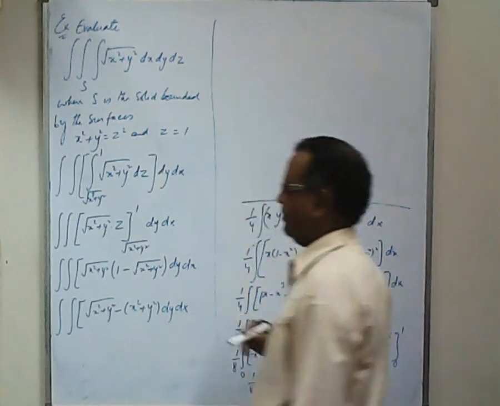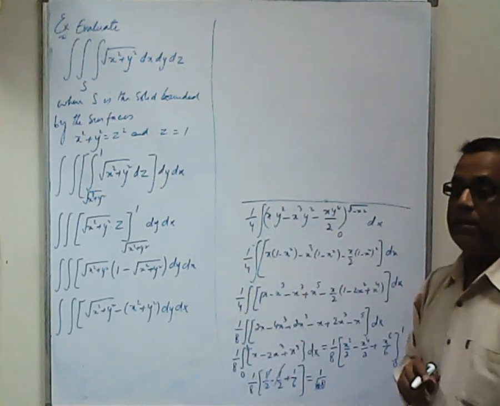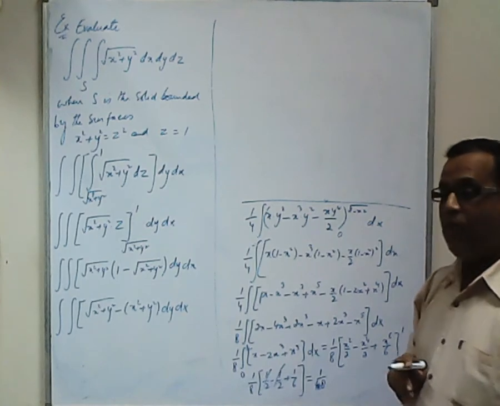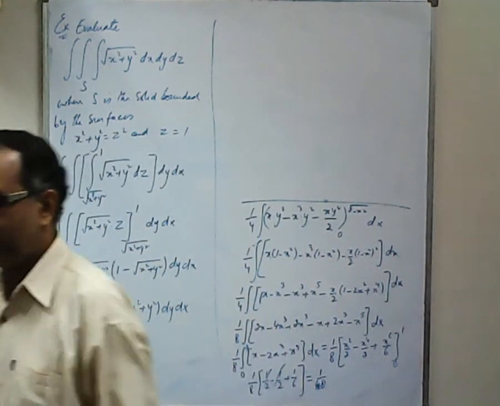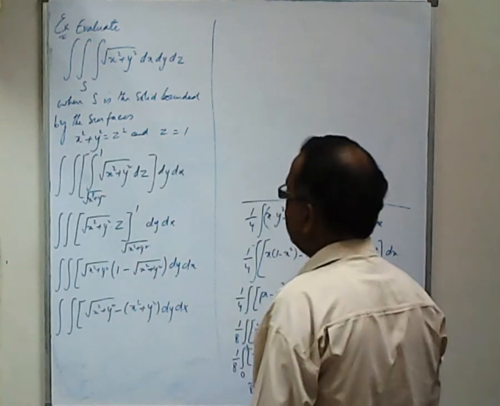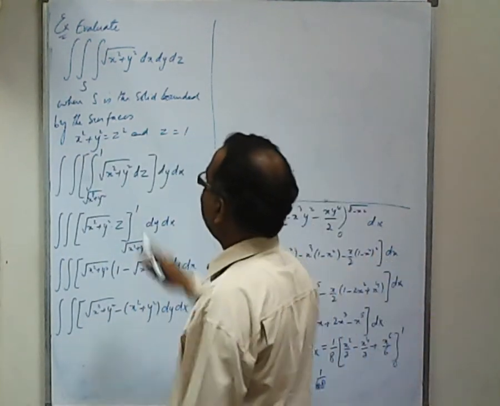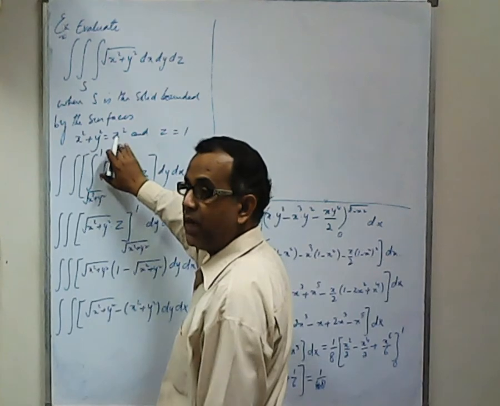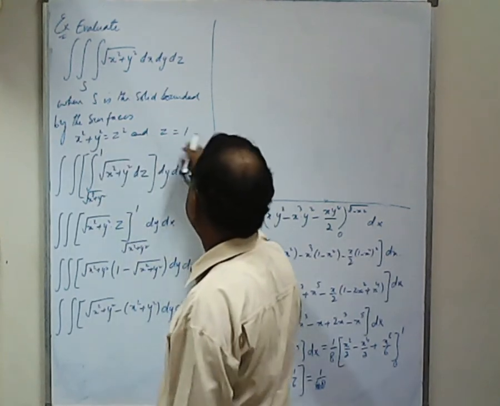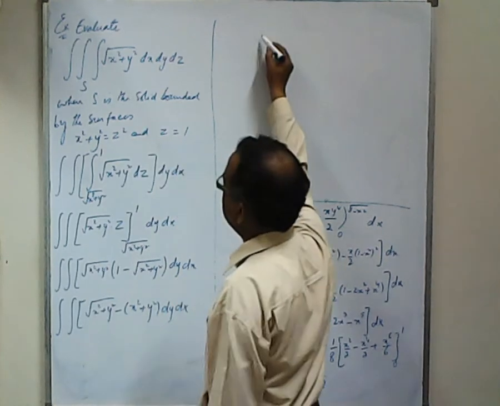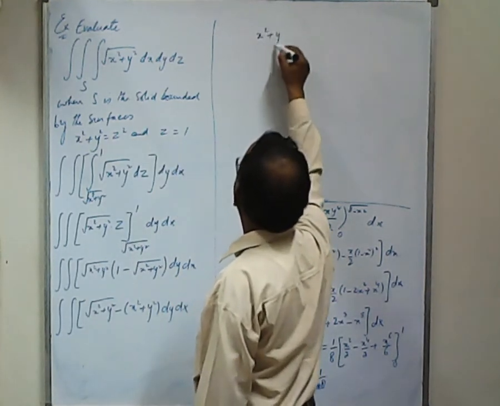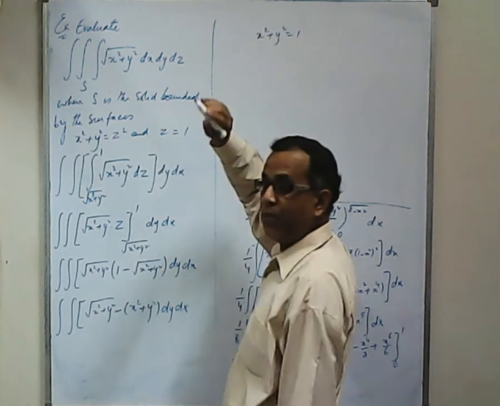Now I am telling you the limits of y and x, and then you will solve the further question yourself. What will be the limits of y? We have now the limits of z and the limit of 1. Since z is equal to 1, if I substitute z equal to 1, I will find that x square plus y square equal to 1.